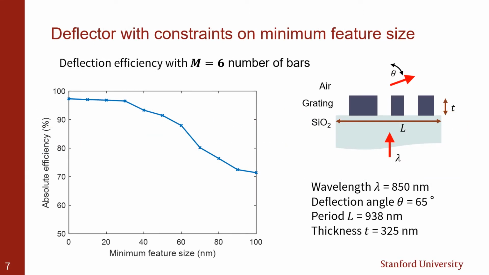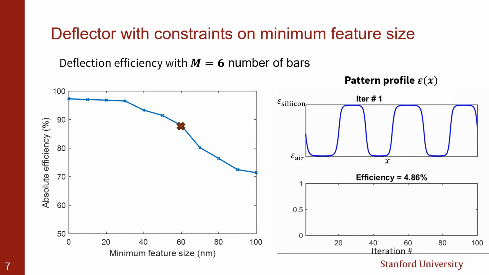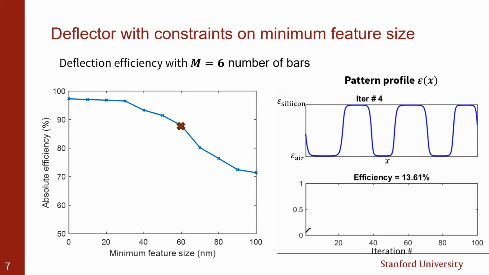Here we summarize some preliminary results. This graph shows, with a fixed number of bars, in this case 6 bars, how the deflection efficiency changes with increasing minimum feature size. And this shows a sample run for when the minimum feature size is 60 nanometers.